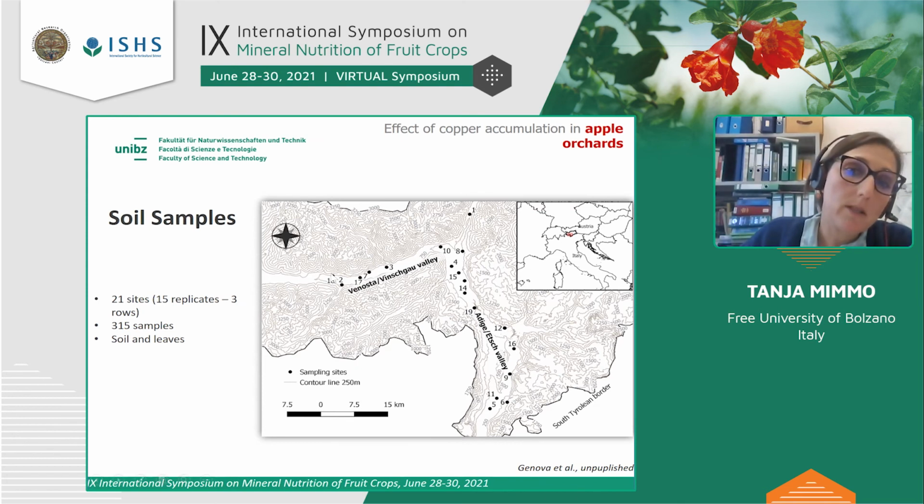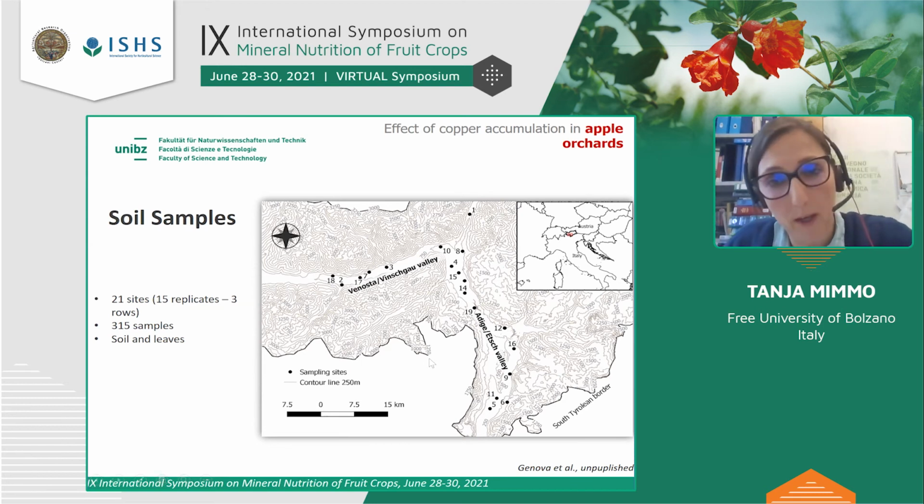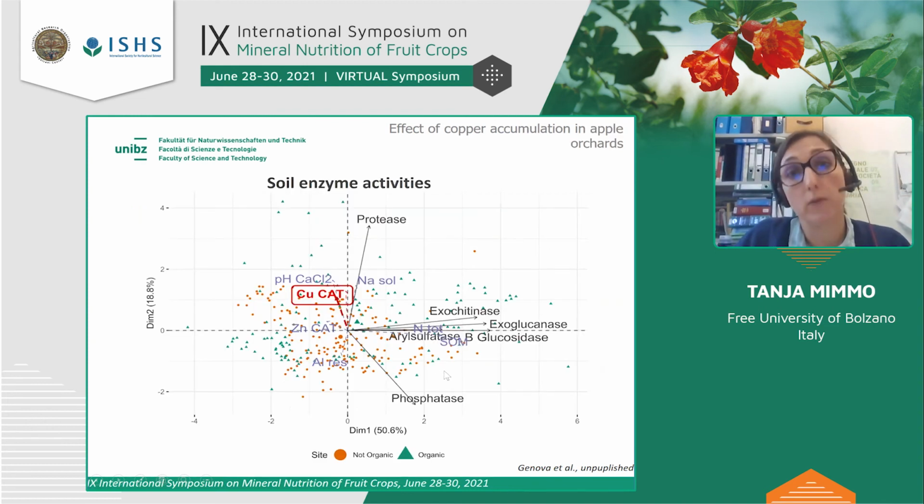What we were interested in was the effect of these different copper concentrations on soil quality parameters, especially soil enzymes. We are also interested in the soil microbiome, but I still don't have the data because we got the sequencing data just a couple of weeks ago, so we're still working on them. But I wanted to show you the results of the soil enzyme activities, and this was also quite interesting.